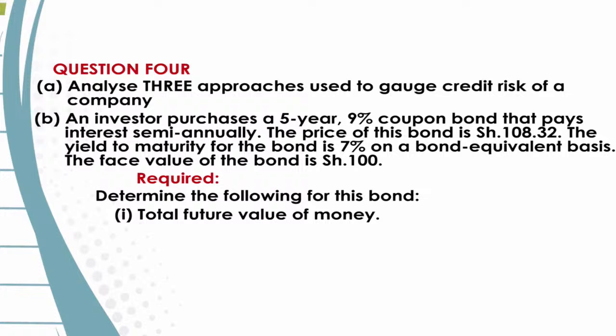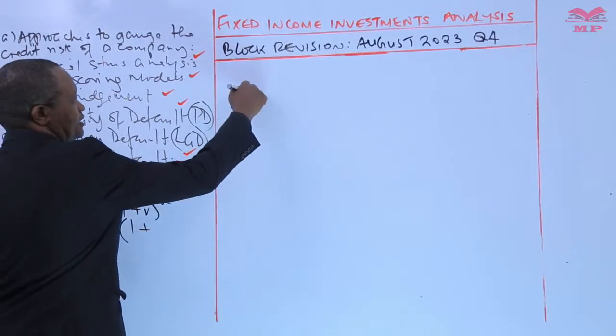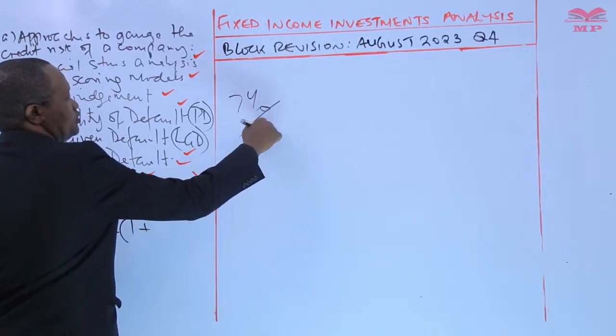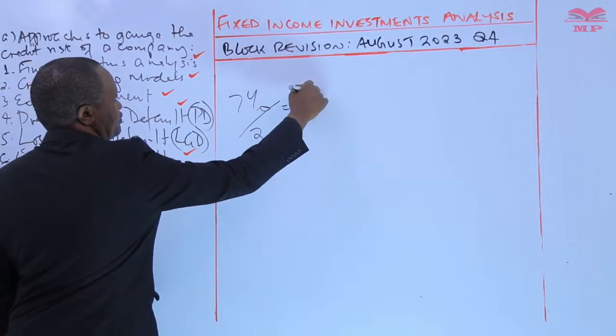And what is the rate? The yield to maturity for this bond is 7%. But you also read that the interest is paid semi-annually, and therefore it will be 7% divided by 2, which is equal to 3.5%.